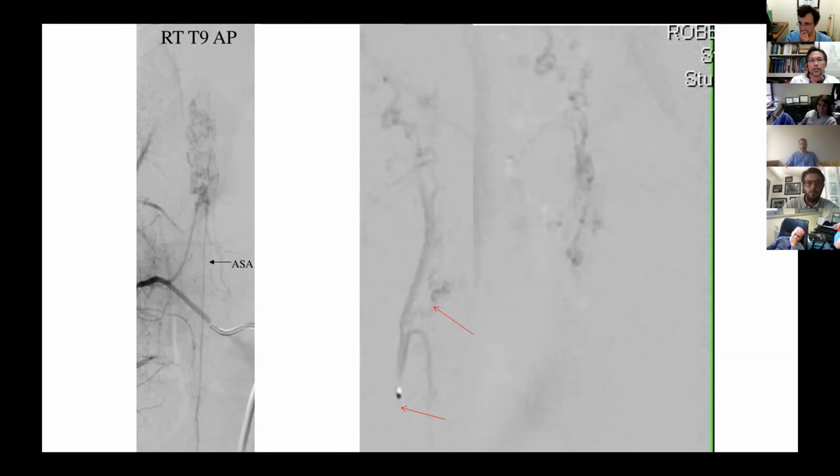Rather, we see the PL branches arising from this radiculomedullary artery before it reaches the hairpin curve. So they're not the true perforators, but they will perforate at some point. But anyway, the implication is that they're sitting closer to the surface of the cord. Yeah, and it's probably a little bit more comfortable to embolize if you can find a good branch.